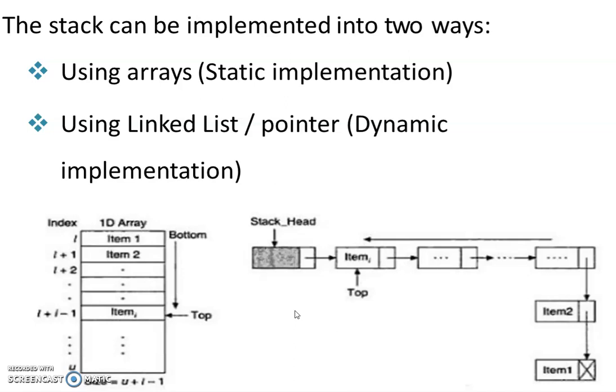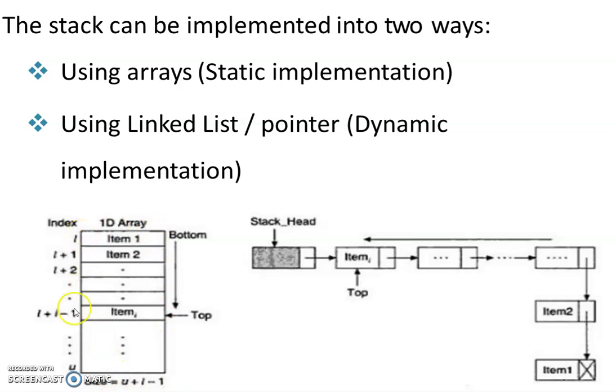We have two different ways to represent stack in memory. The simplest one is arrays, which is a static implementation, and the next one is linked list, which uses dynamic implementation. Here we have a one-dimensional array. An array is a linear data structure again, which is a finite structure.